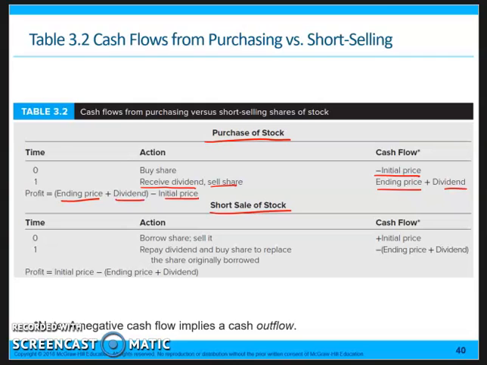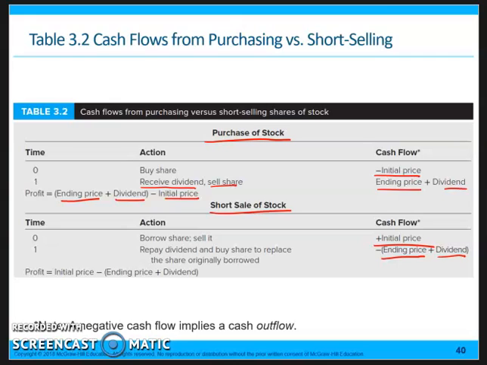When we short sell, we're borrowing that share and selling it. So we're going to receive the initial price. We have to repay that dividend and buy a share at the ending value. So we're paying out the ending price plus any dividends. Our profit is our initial price minus the ending value minus the dividend.